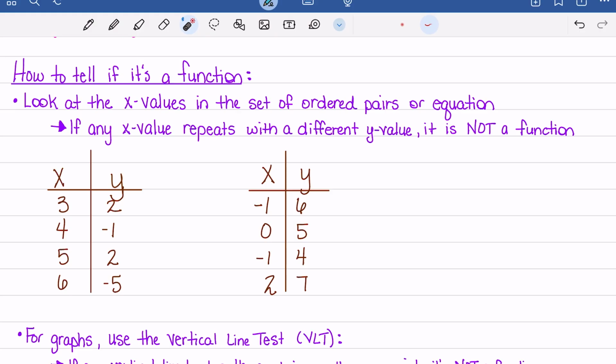If they do repeat with a different y value, then it's not a function. So for example, if we look at this first one, we've got this list of x's. This is our domain. And then we've got the y's. This is our range. In each one of these, I can look at my x's and see they are all different. So this would be a function. Okay, this one, we're good. That's a function.